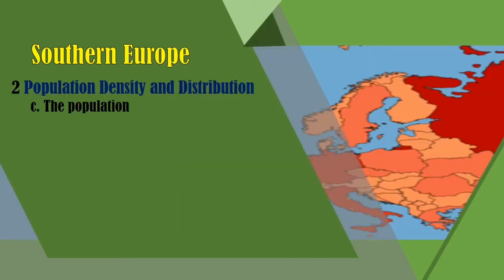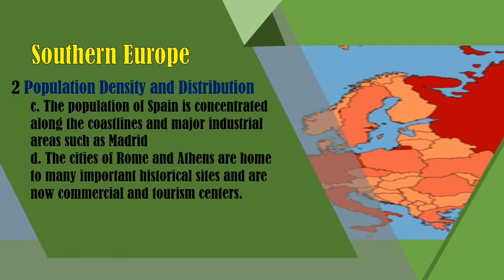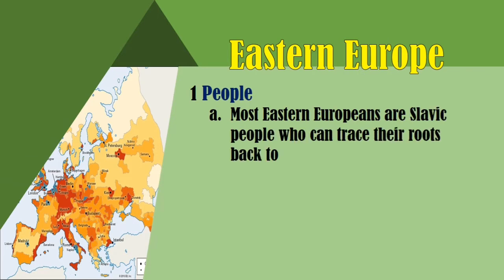On the other hand, the population of Spain is concentrated along the coastlines and in major industrial areas such as Madrid, while the cities of Rome and Athens are home to many important historical sites and are now commercial and tourism centers. Now let's proceed to Eastern Europe.